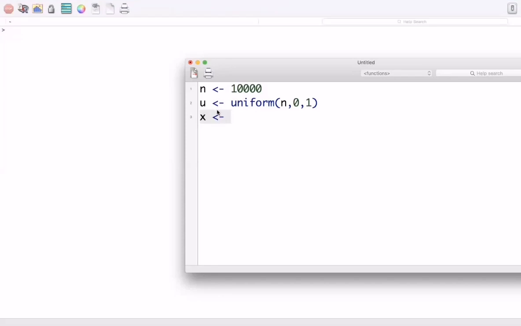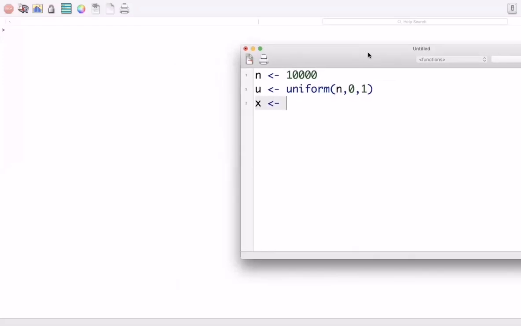Anybody wants to share here? I'll ask a couple of students.